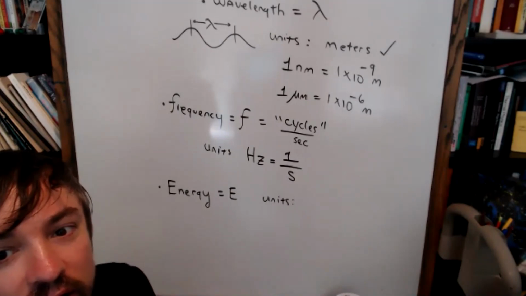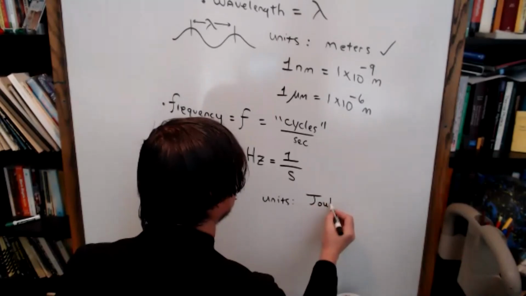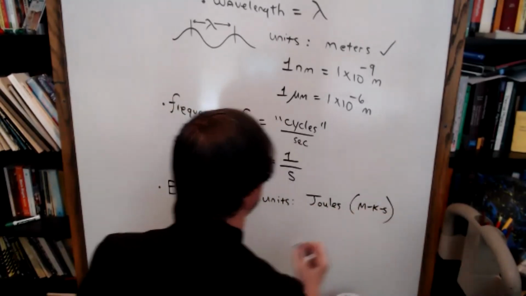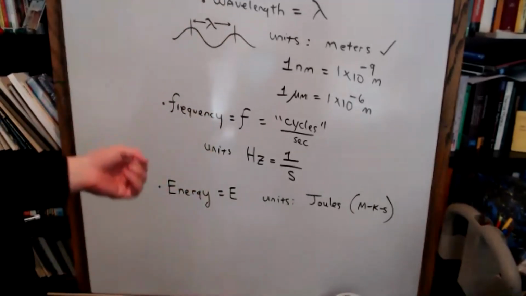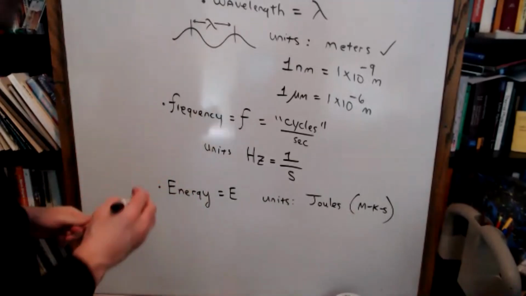Isn't it joules? Joules. Okay. And joules are your MKS unit. However, joules are kind of like a big clumsy unit. And in the world of atoms, we sometimes want to use a tiny unit of energy.